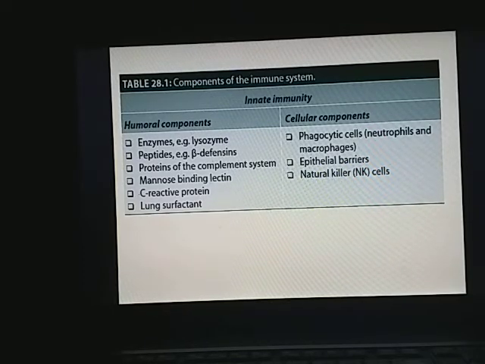The cellular components are phagocytic cells like neutrophils and macrophages, epithelial barriers, and natural killer cells.